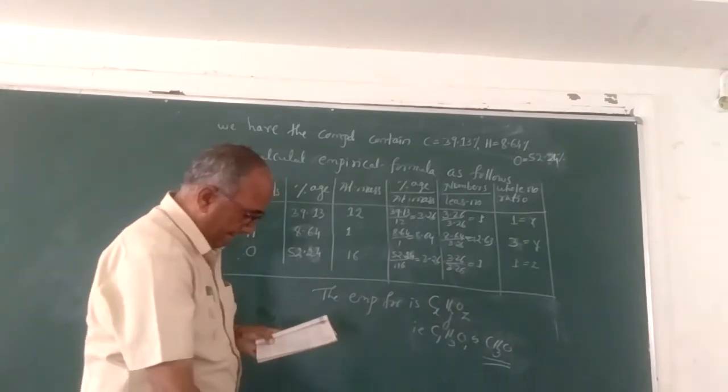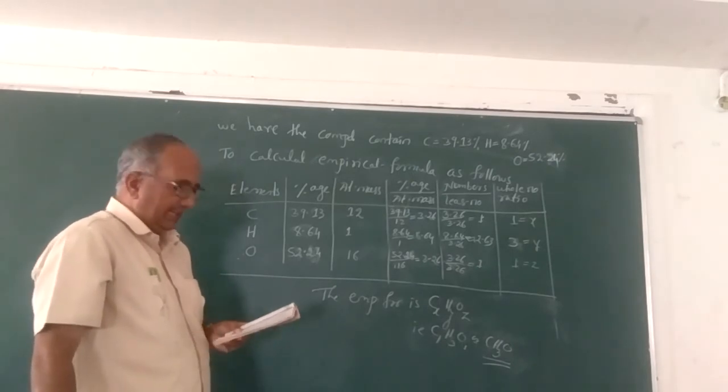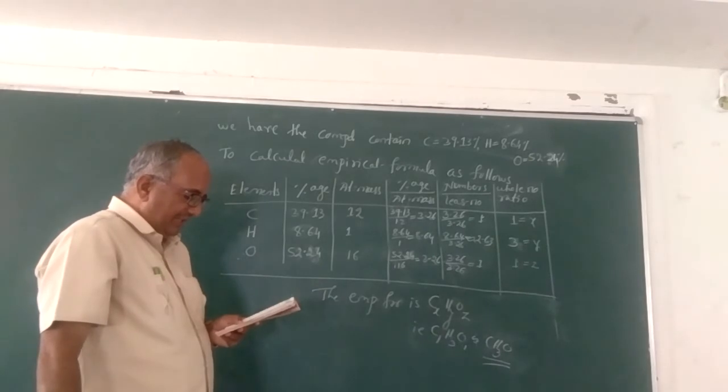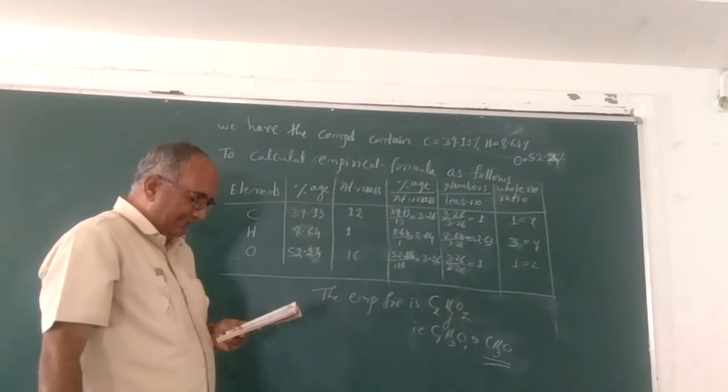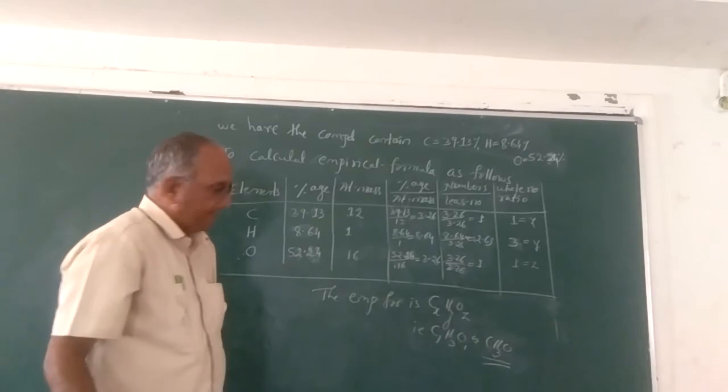Repeats once again. An organic compound contains carbon, hydrogen and chlorine, in which 10% of carbon, 0.84% of hydrogen and rest is chlorine. What is the empirical formula of the compound?